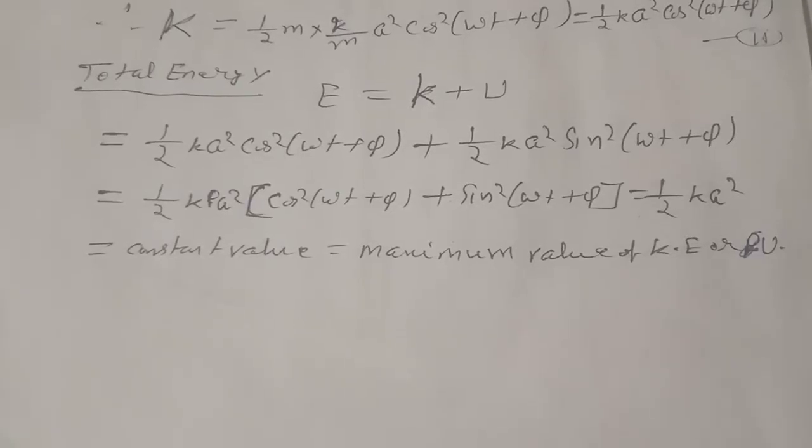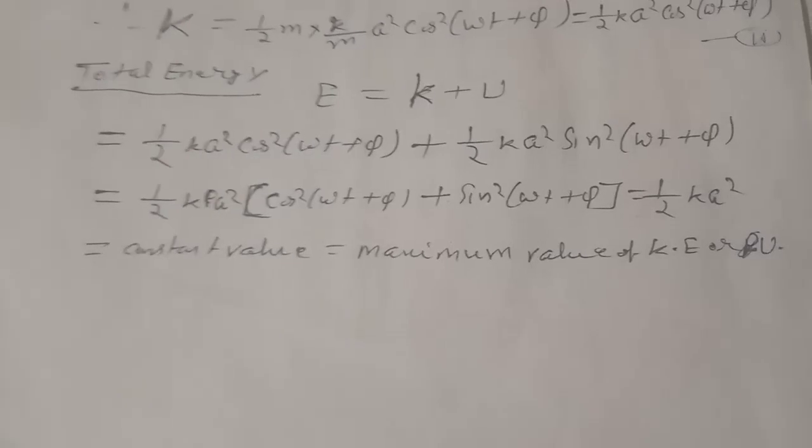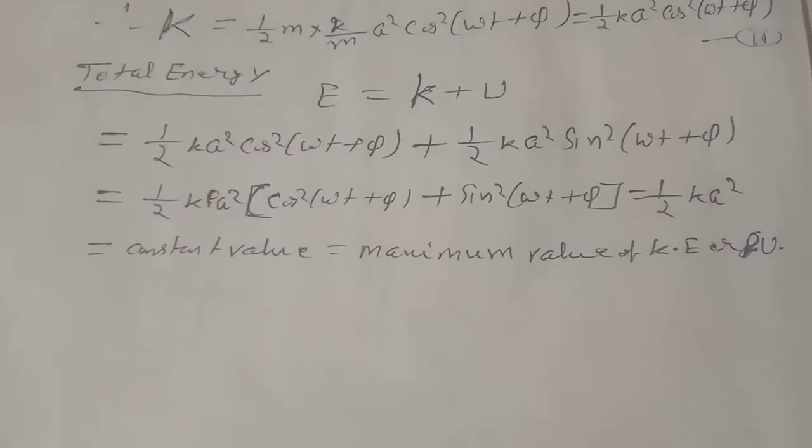In the previous lecture, we learned about the total energy in SHM, which is given by kinetic energy plus potential energy. We see that the total energy is a constant.